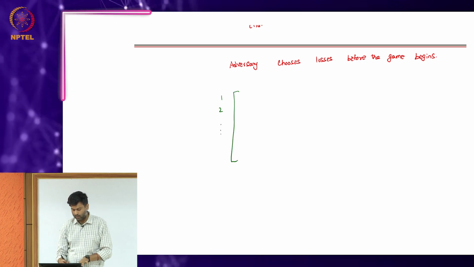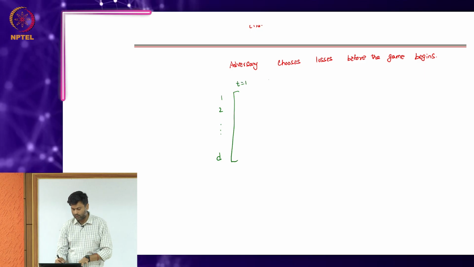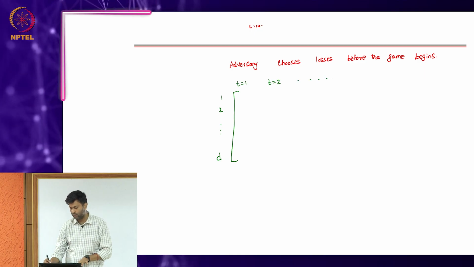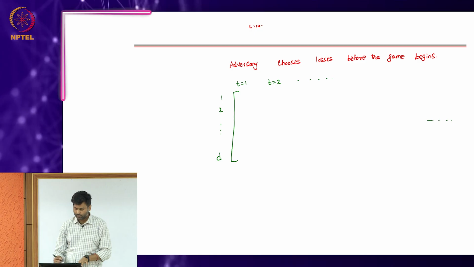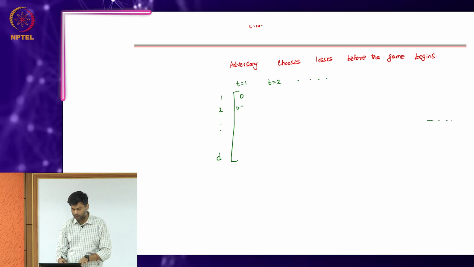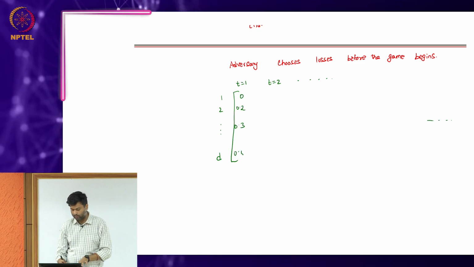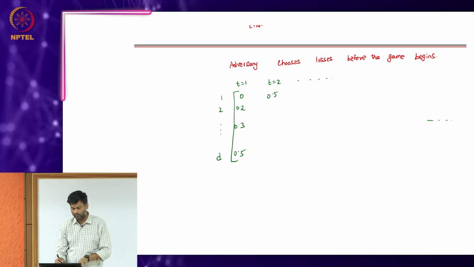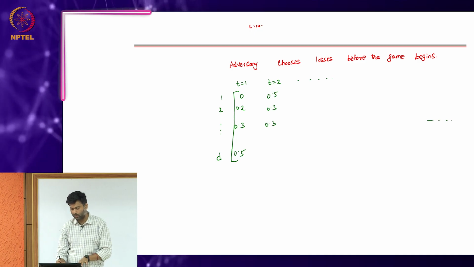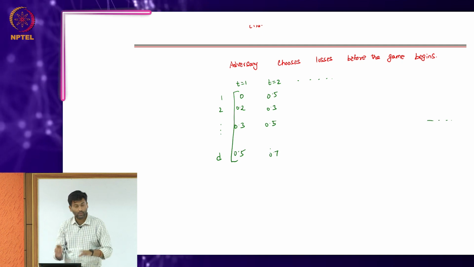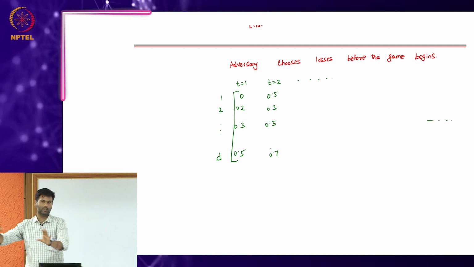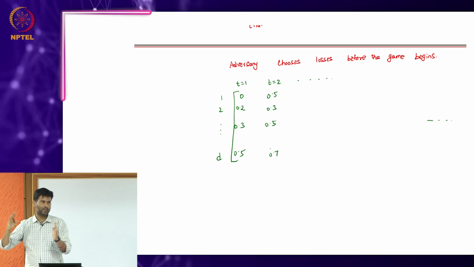So let's say there are d arms and t equals 1, t equals 2, dot dot dot. It keeps on going. In the first round, maybe it chooses 0, 0.2, 0.3, 0.5. In the second row, it chooses 0.5, 0.3. It can decide this before the algorithm begins operation, but it can look at the algorithm and then it decides this infinite sequence matrix, let's say.